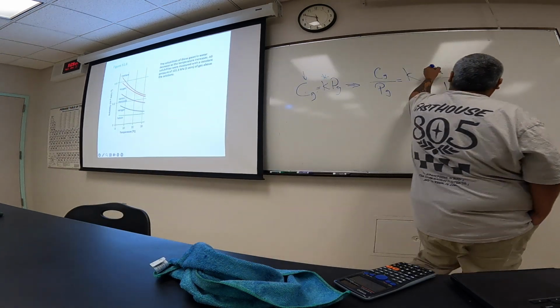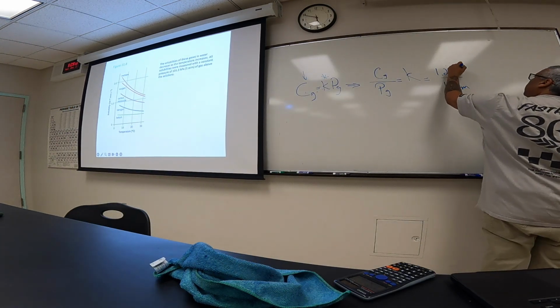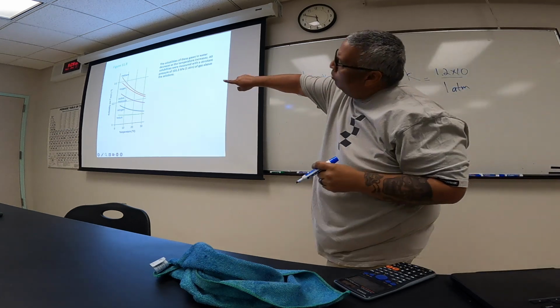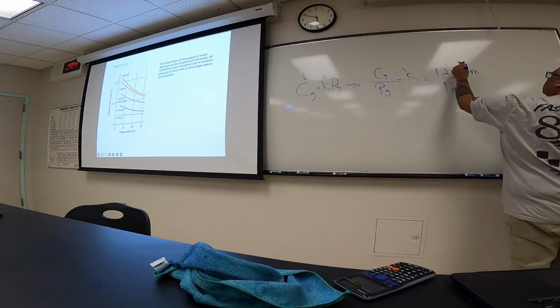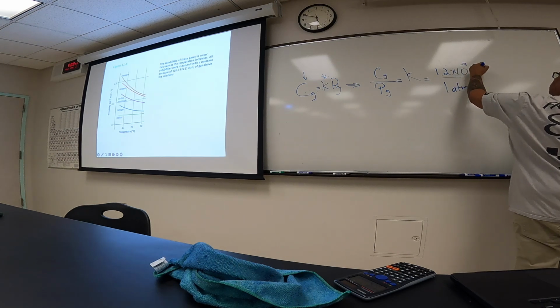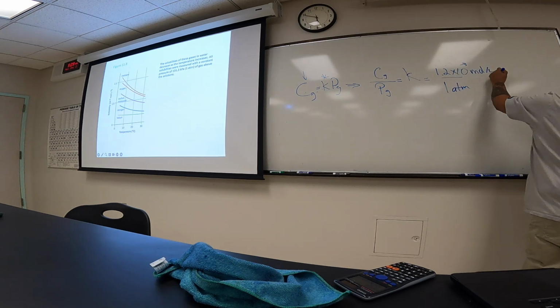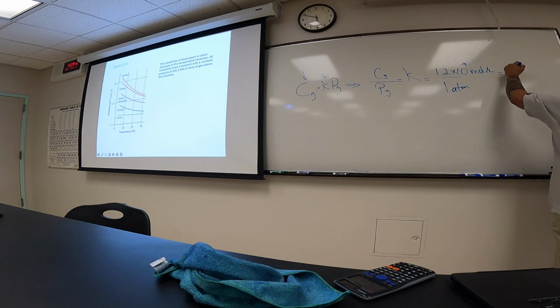So this is going to be 1.2 times 10 to the minus 3 moles per liter. Divided by 1 atmosphere is going to be 1.2 times 10 to the minus 3 moles per liter atmosphere.